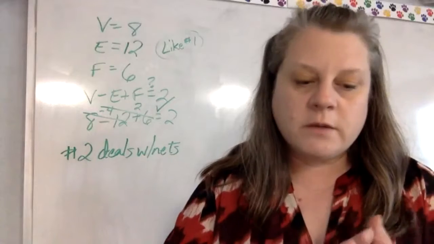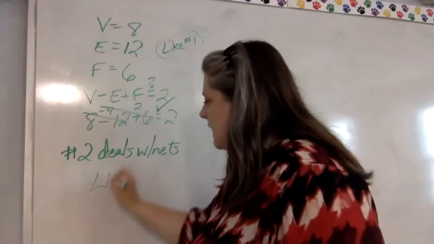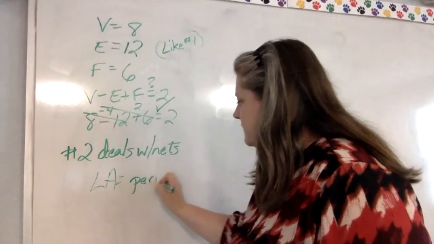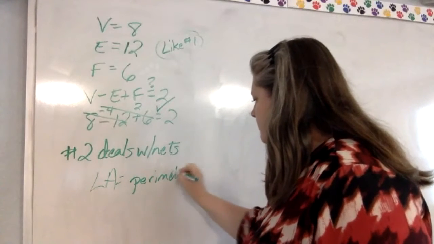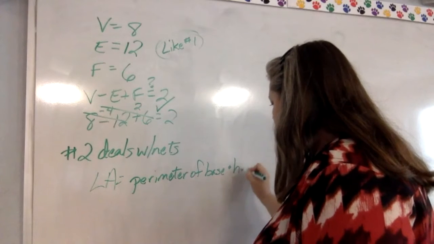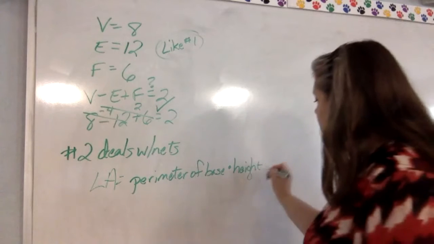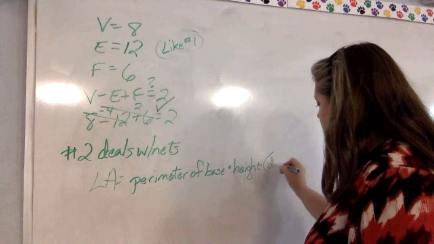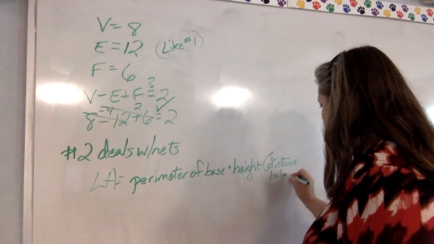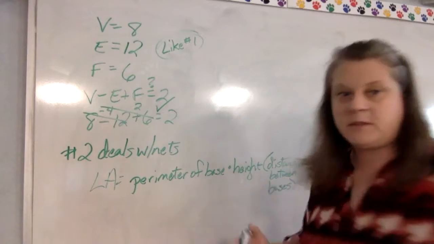So when we are doing lateral area, okay, lateral area is always equal to perimeter of base times the height. Now, your height is always the length of segment, distance between the 2 bases. Your height is the distance between the bases.